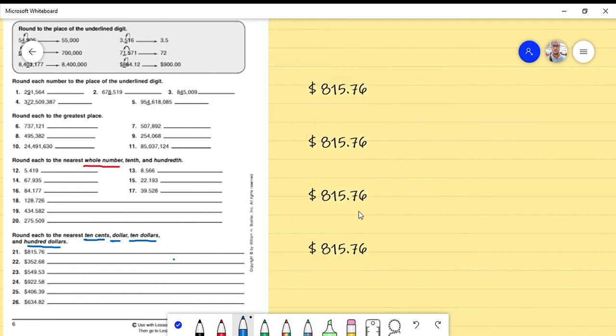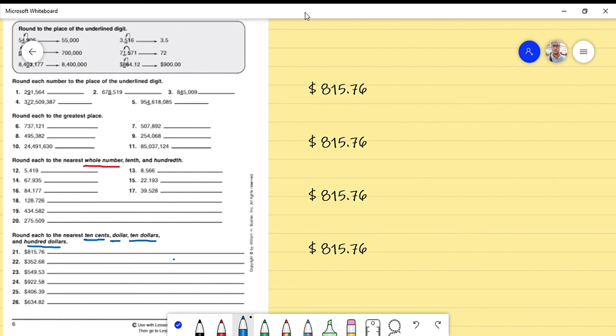When I say nearest 10 cents, it is like the nearest tenth.